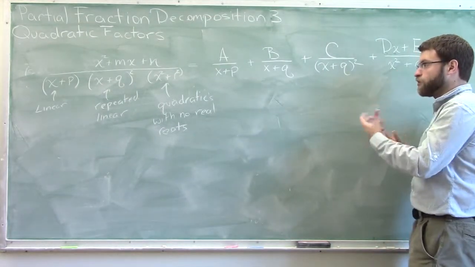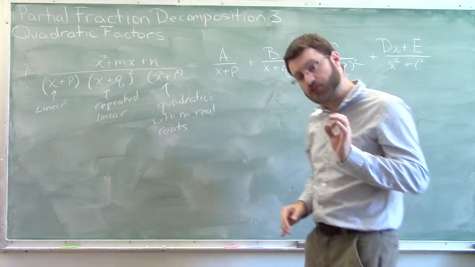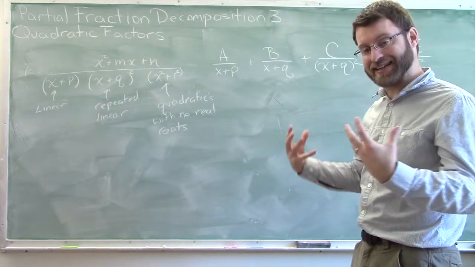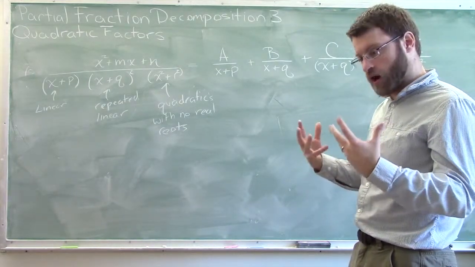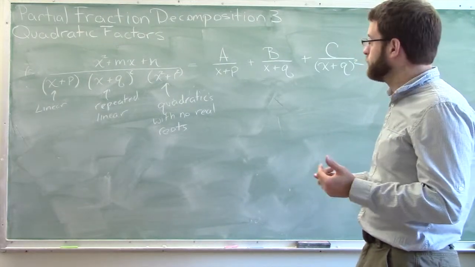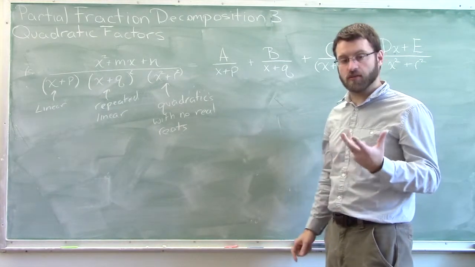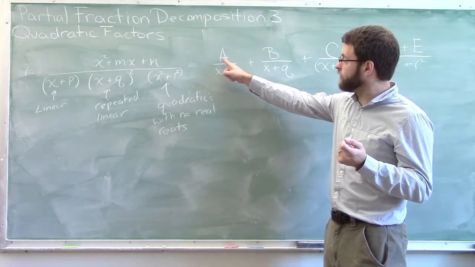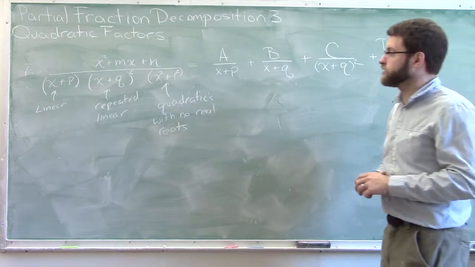And when you work out all that algebra, you end up with a statement about polynomials. As soon as it turns into a statement about polynomials, if you want them to be identical, you just need to make sure that they agree in a sufficient number of points. You'll need them to agree at enough points so that you can figure out the value of each of the parameters in your partial fraction decomposition.